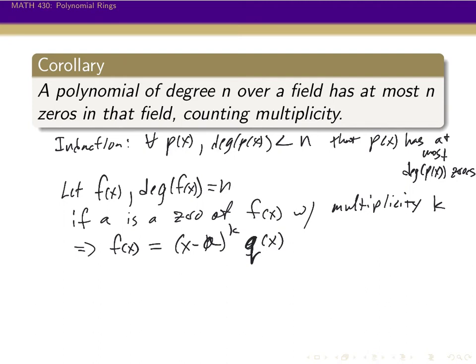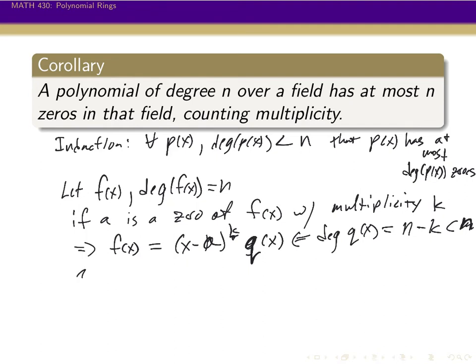By the previous corollary, that's what we'll get. Then the degree of q(x) is going to have to be the degree of f minus this power k, so it's n minus k, which is strictly less than n.